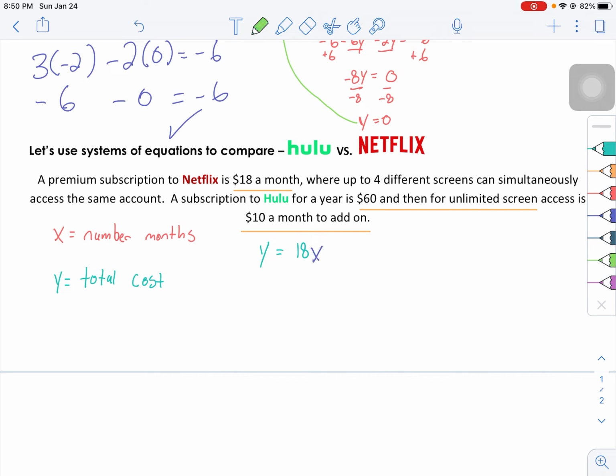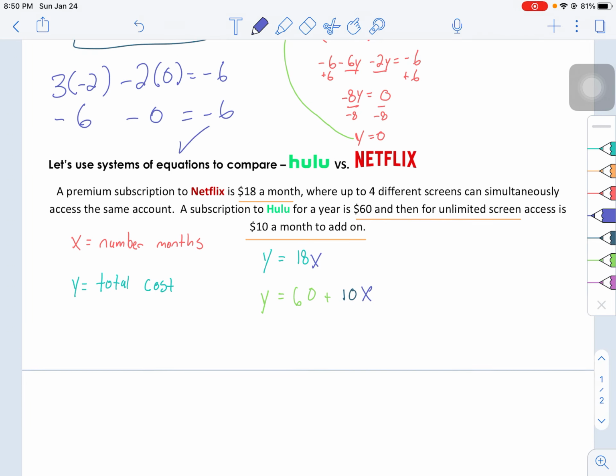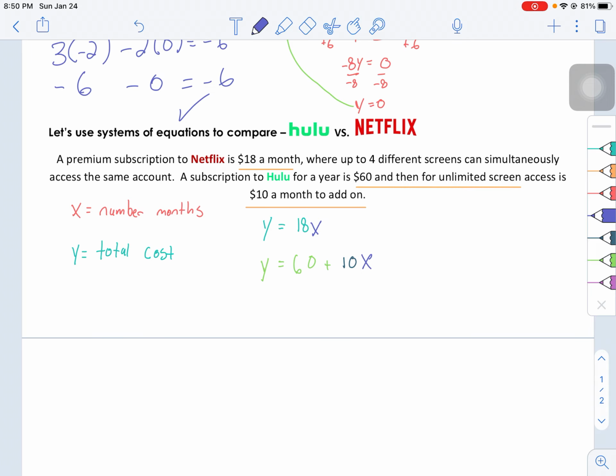On the other hand, for Hulu, we have our total cost Y is going to be equal to, first of all, it says there's a $60 annual charge, so $60 plus a monthly fee of $10, so plus $10 times X. Okay, so there's our two equations. We have two variables, two equations right there.